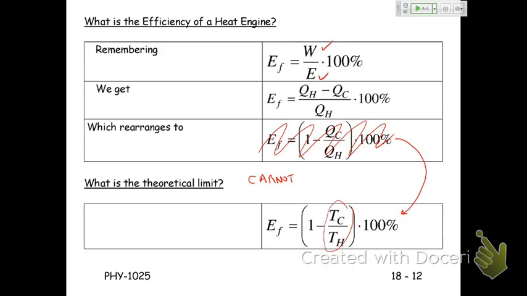What you find is your efficiency gets better the smaller this fraction is. And this fraction is small when you have really hot fuel and a really cold sink.